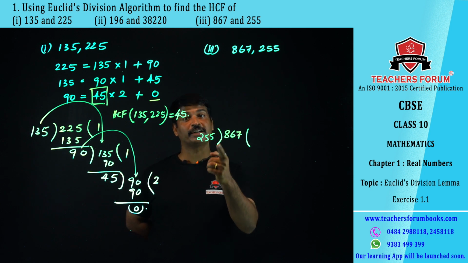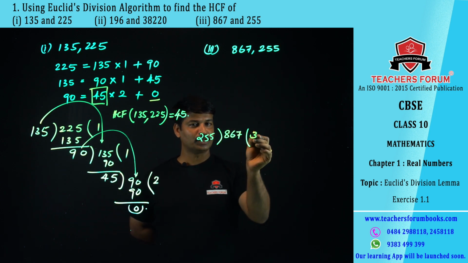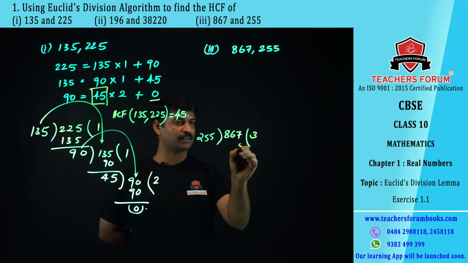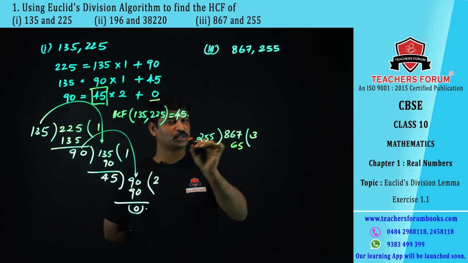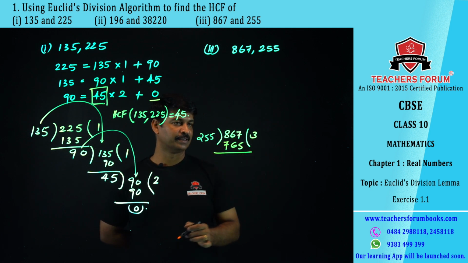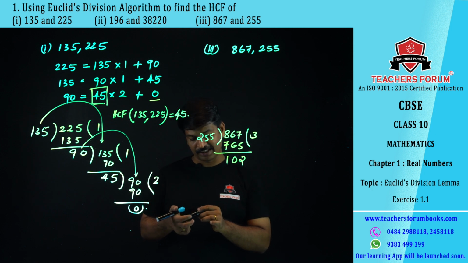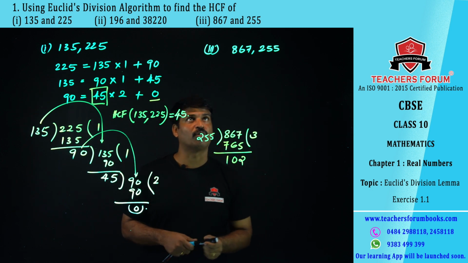When it becomes 4 times, it goes above 1000, isn't it? So it goes 3 times. 3 into 255: 5 3s are 15, 5 3s are 15 plus 1, 16, 3 2s are 6, 6 plus 1, 7. Now let us subtract. 7 minus 5, that is 2, 0, 1. So 102 is the remainder and 3 is the quotient.